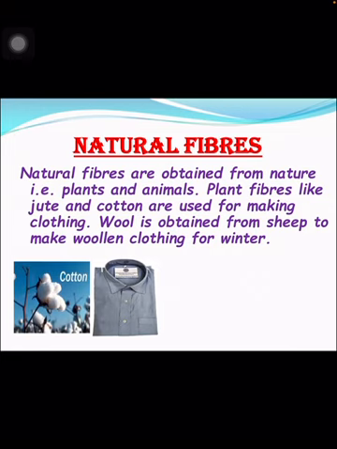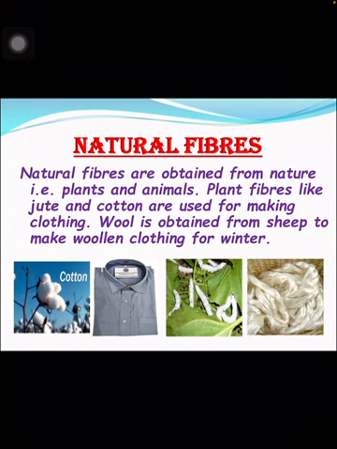Wool is obtained from sheep to make woolen clothing for winter. You know cotton is obtained from the cotton plant, and in the second figure you can see an insect. The name of the insect is silkworm, from which we get silk.